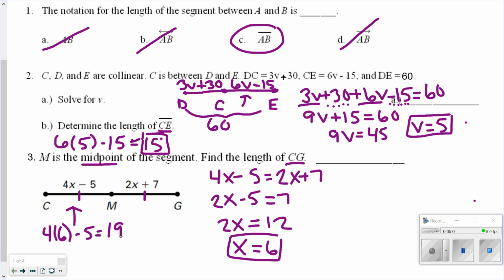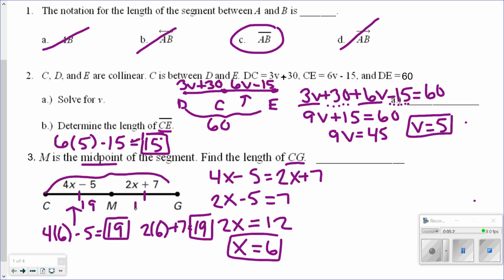If I plug in 2 times 6 plus 7, I do get 19, so those match. That is great. They should be the same. So what is the length of the entire segment? Well, if this is 19 and this is 19, I just add that up. So 19 plus 19 is equal to 38. So my final answer then is 38.